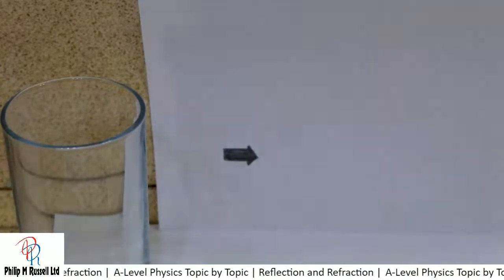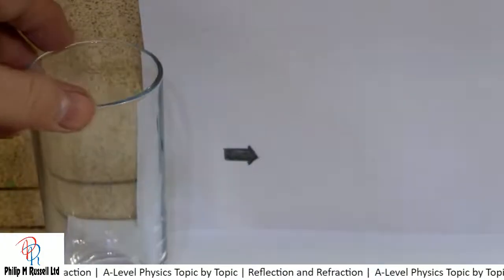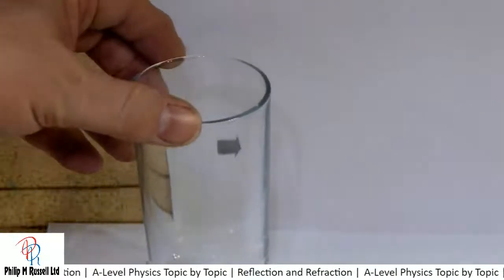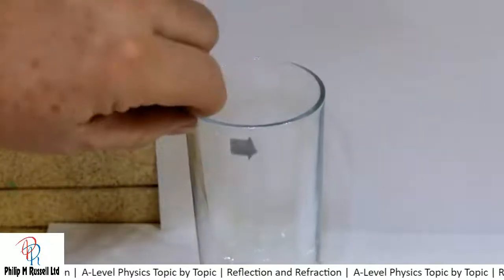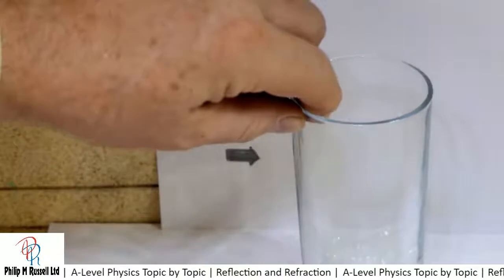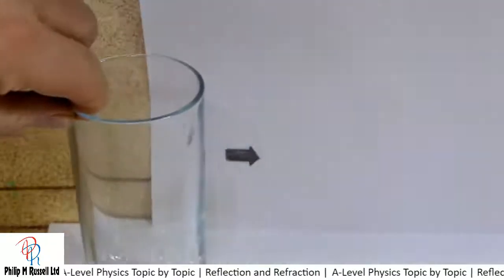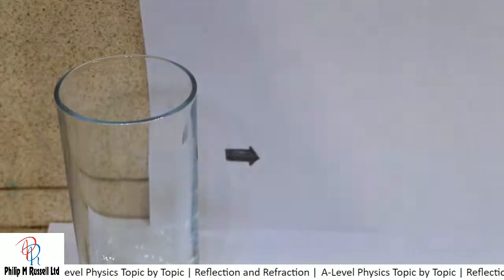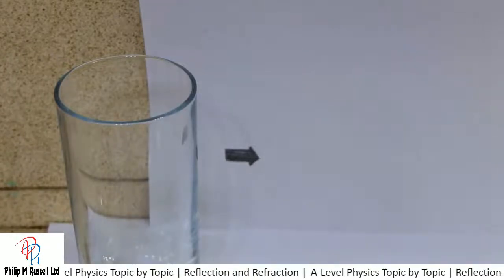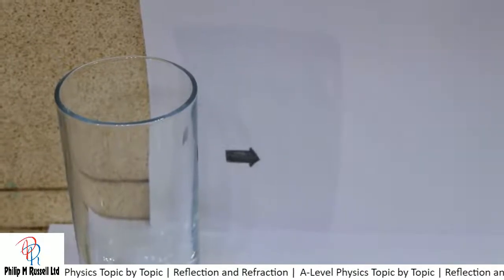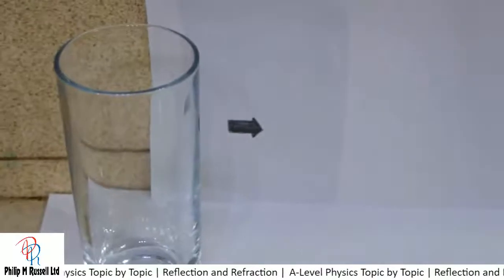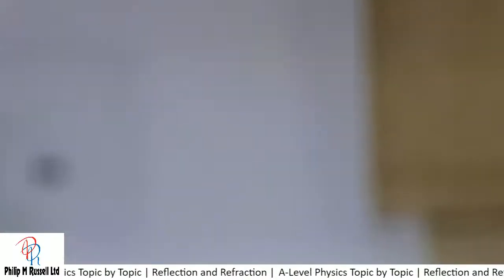Now if I take this glass and I move it in front of this arrow, we will see it's just about getting tipped and changed. Let's lower the camera a little bit. Let's do this on the fly.